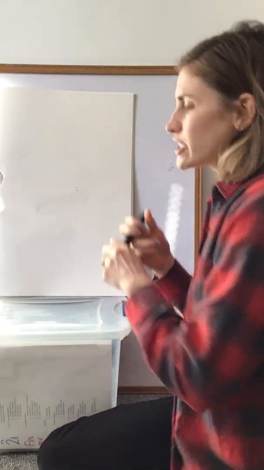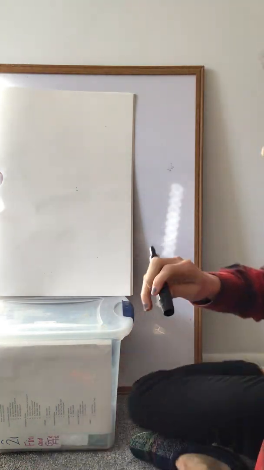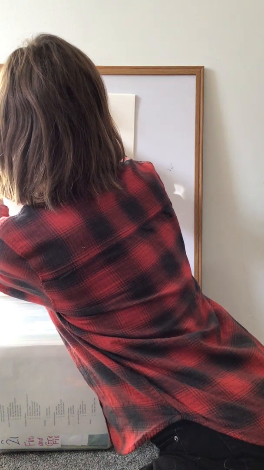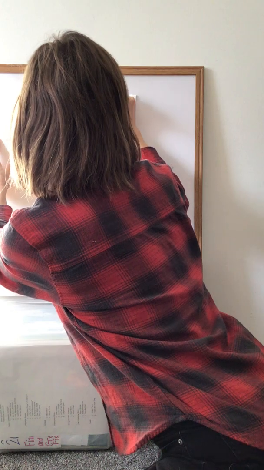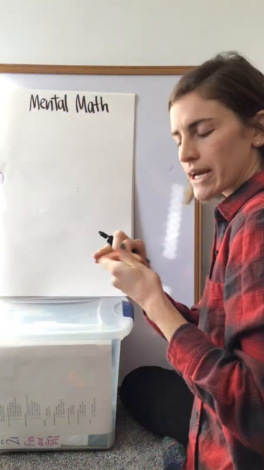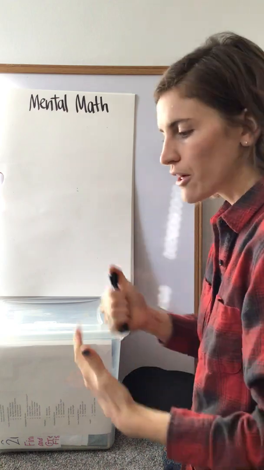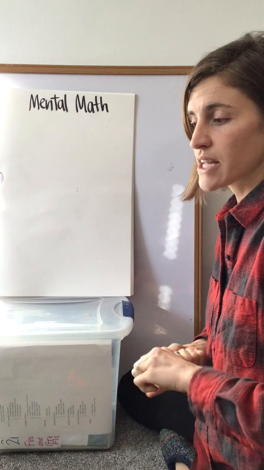Today's anchor chart is focused on strategies or tools we can use when doing mental math. Working out problems and showing our work on paper using the box method or the algorithm method or long division, those are all really important skills to have.